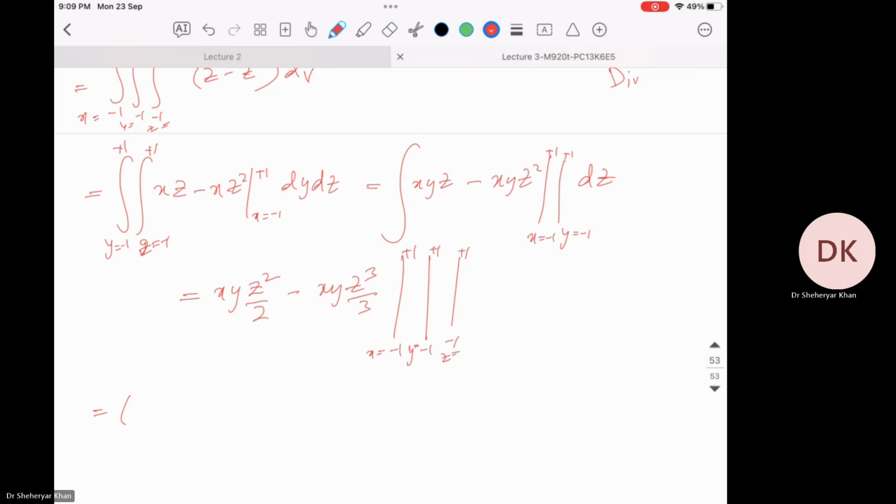X is that's x. Y is upper minus lower, and z is upper limit minus lower limit.